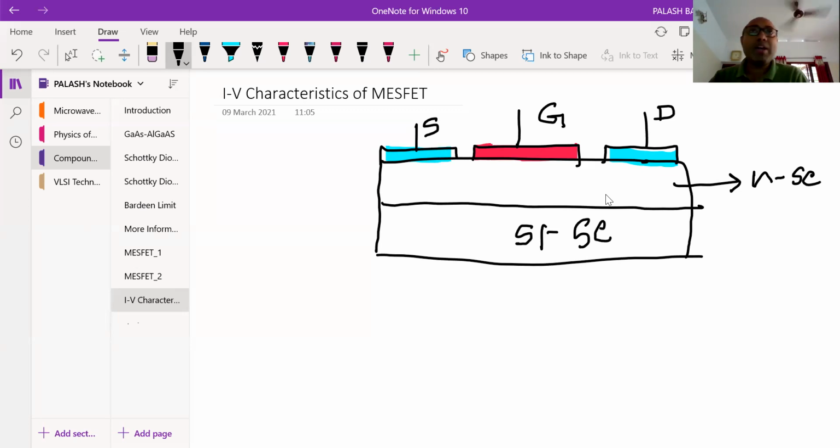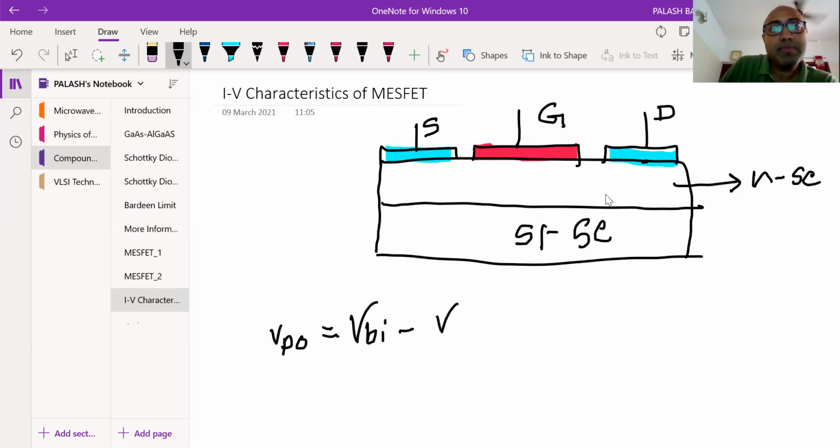In this situation, what happens? You might have two types of pinch-off voltage. One, just refer to our last discussion: VBI minus V threshold. Another one is VP0, which is VBI minus VGS plus VDS.